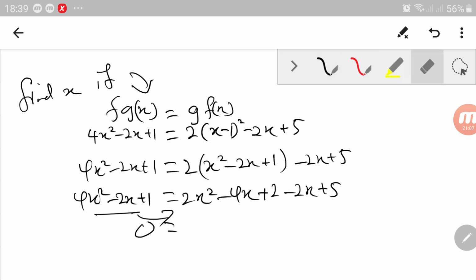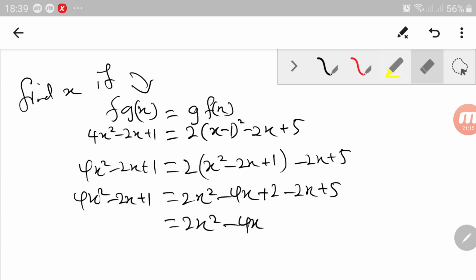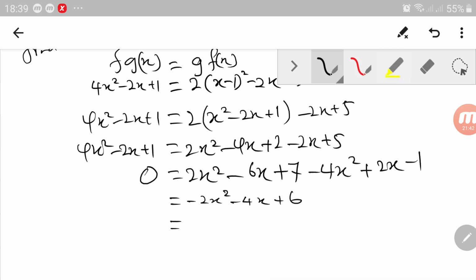Cannot. Solve this one first. 2x squared minus 4x minus 6. Minus 6x plus 7. And then 0 minus 4x squared plus 2x minus 1. So I have minus 2x squared, minus 2x squared, minus 2x squared, minus 4x plus 6.